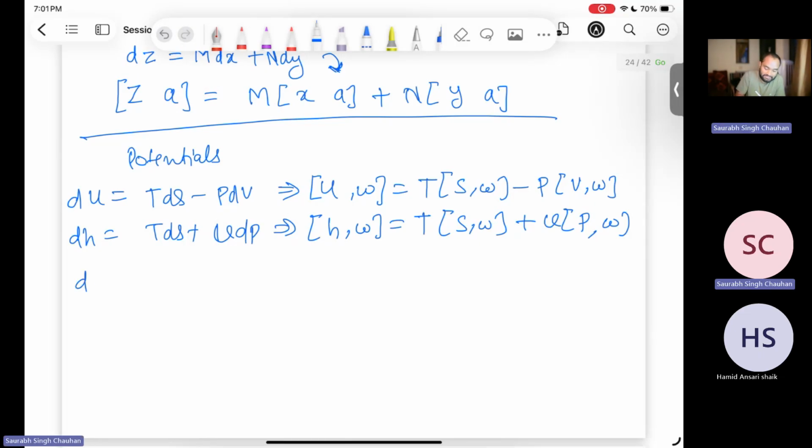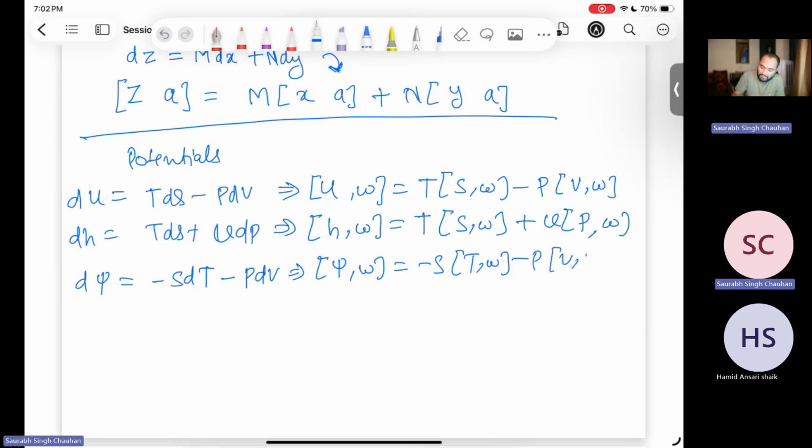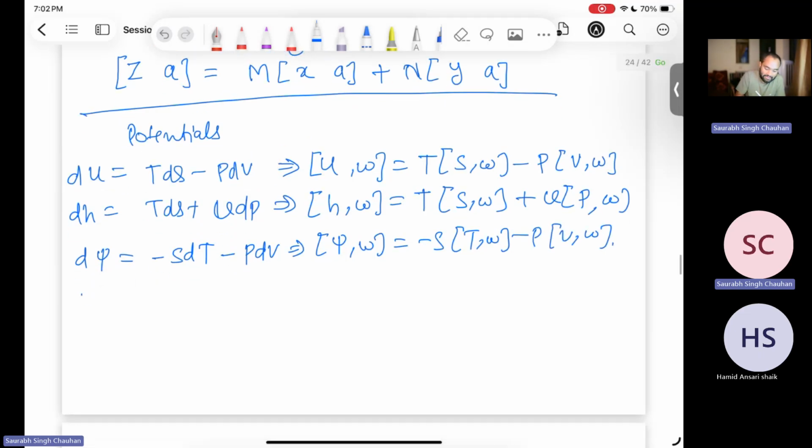We had the Helmholtz function, dA equal to minus SdT minus PdV. So Helmholtz function comma W equals minus S T comma the same W variable minus P V comma the same W variable. And we had the Gibbs function, dG equal to minus SdT plus VdP.